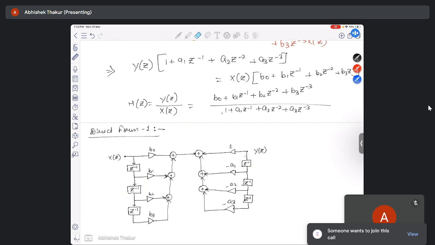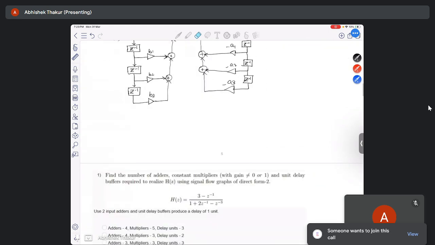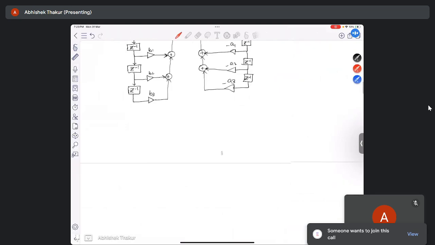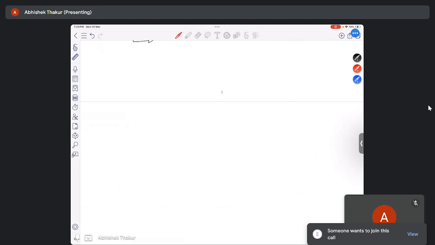So now, how can we combine both the delay units? So this is the second part. This is the direct form 2 representation. We'll see about direct form 2, and then we will solve some more questions.